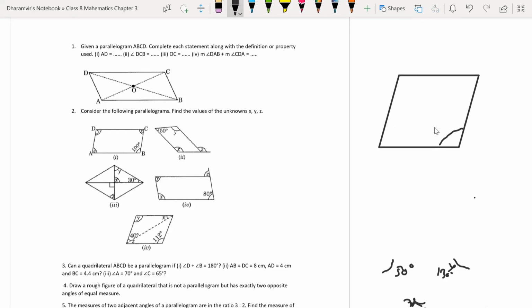This is the 112 degrees. X, Y, 40 degrees. This is the Z.